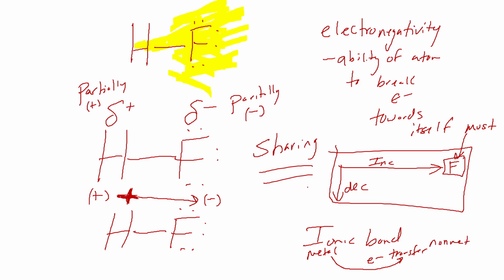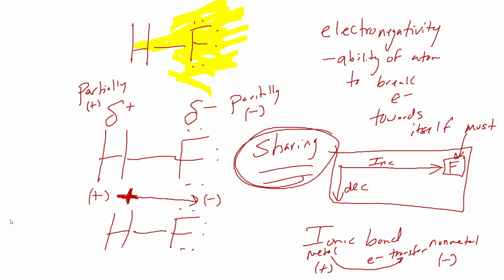And the result of that in an ionic bond is you get a full positive charge cation, a full negative charge anion. But here, there is still some aspect of sharing happening. So that's why it is only a partially positive and partially negative charge.